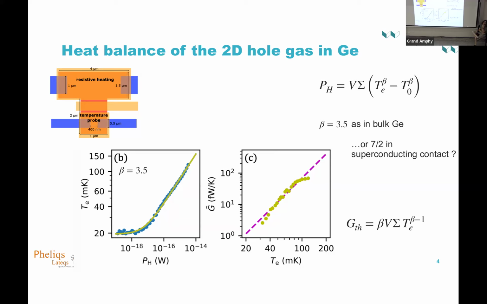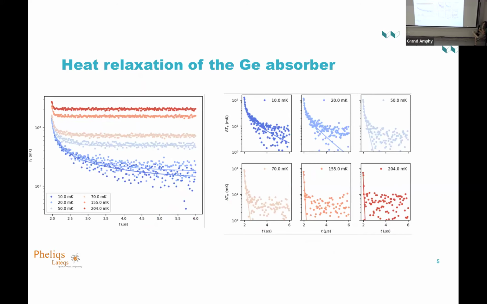That came as a nice coincidence. Then discussing with Dennis, there's also superconducting aluminum there, and 3.5 is half of 7. So maybe some temperature relaxation is happening in the superconducting weak link. This is an open question to me. But it shows that in other types of systems, you have other types of power laws.